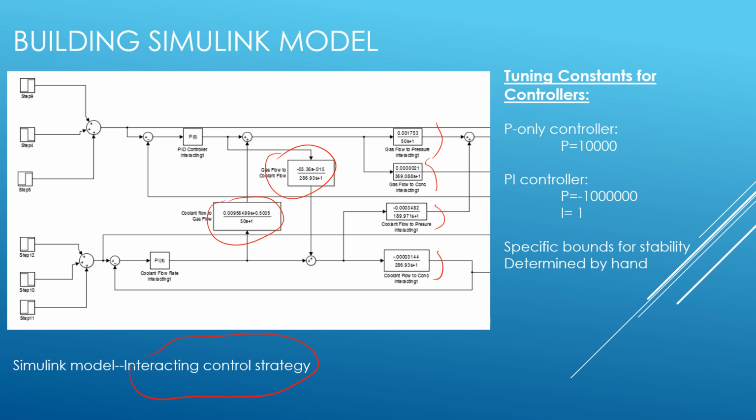And similarly for the PI controller, we have -1 million as our P-value, and that's because for a large change in RPMs in the pump, you see a very small temperature and concentration change. And you also notice that it is a negative 1 million because as you increase the RPMs of the pump, it's going to decrease the temperature.